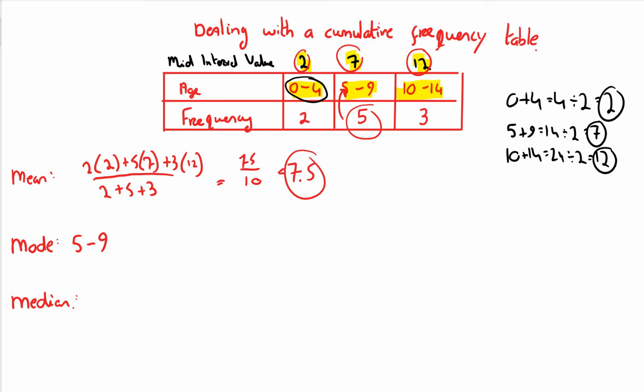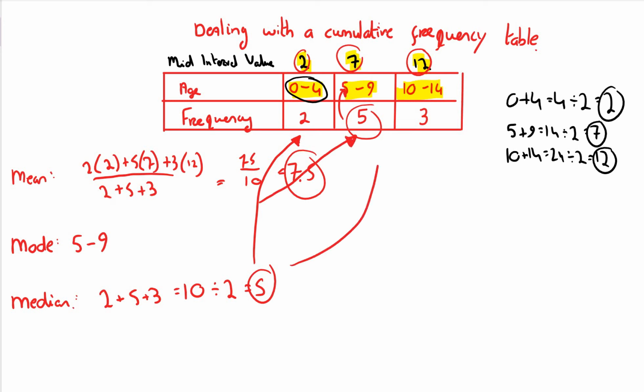And the median then, again, add up all the frequencies. That'll give us 10, half it, and that will give us 5. Then let's see which of these numbers will take us to 5. Well, 2 is not getting us to 5. 2 plus 5 is 7. That's over 5.